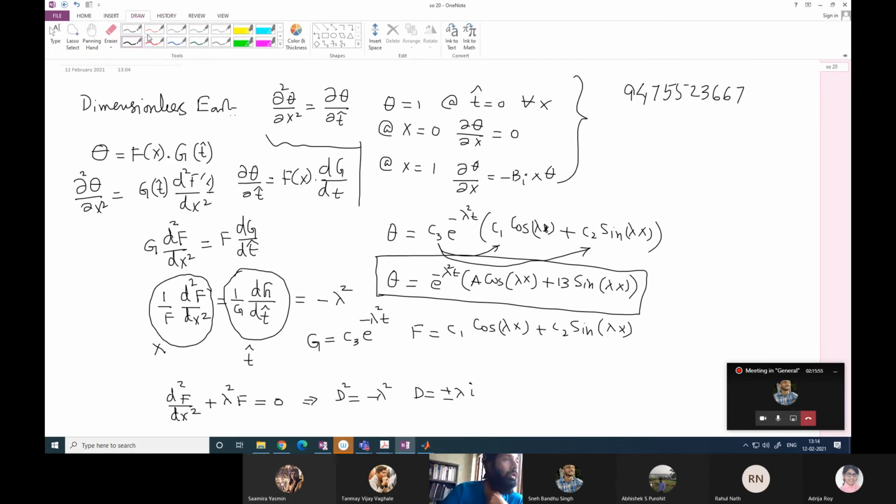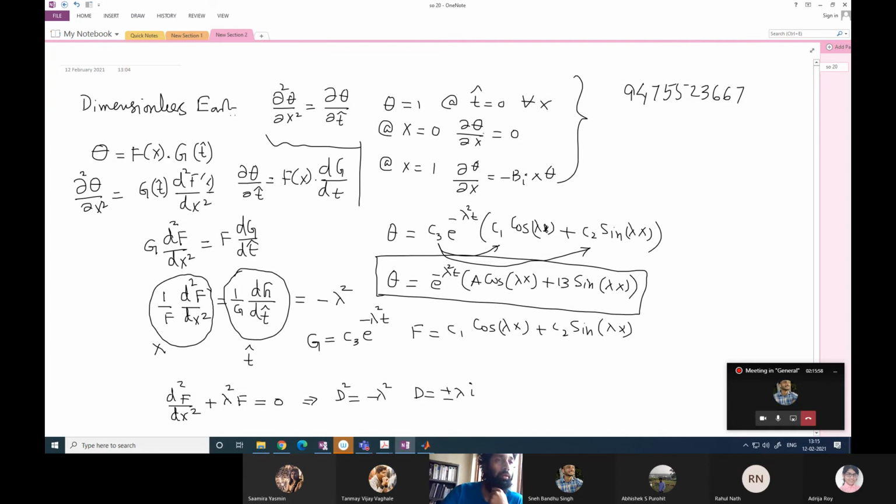So constants evaluated. So we know that at x equals to 0, d theta dx equals to 0. So d theta dx equals to e to the power minus lambda square t, A lambda minus sin lambda x plus B lambda cos lambda x.